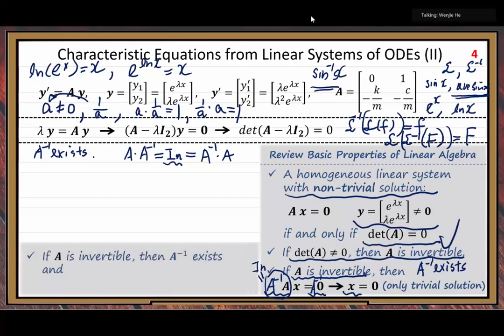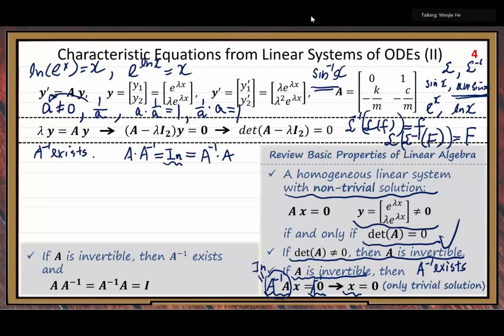Here I review. If A is invertible, then A inverse exists, and that property, I write it again: A times A inverse equals A inverse times A equals the identity matrix I. In this way, you can multiply the inverse from both sides, left-hand side and right-hand side.